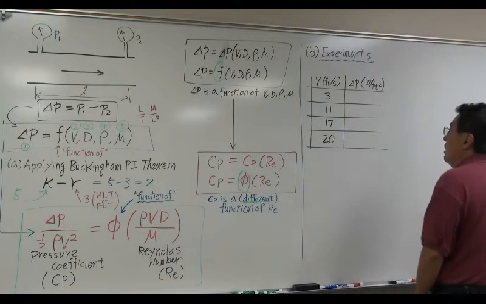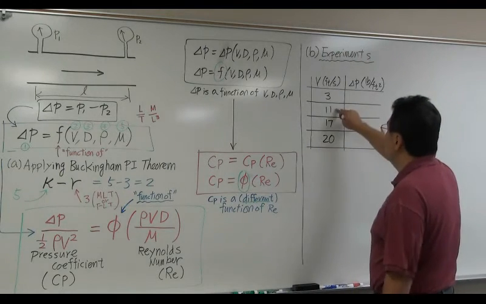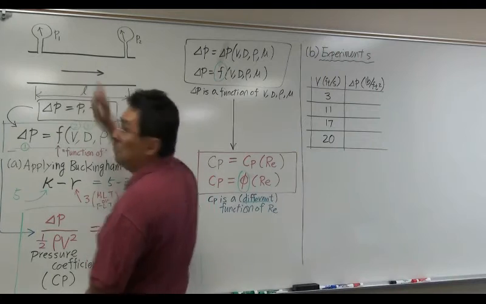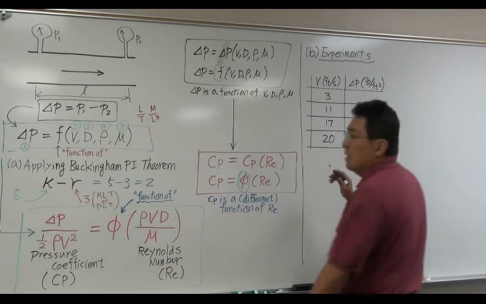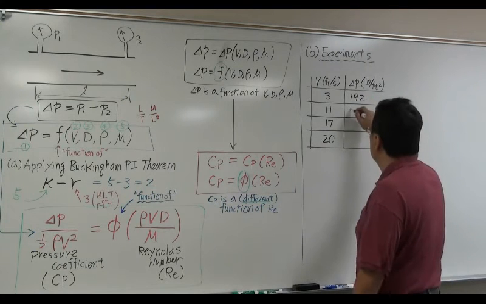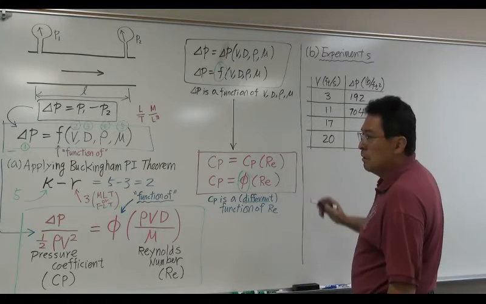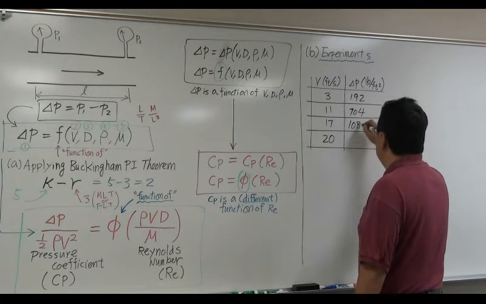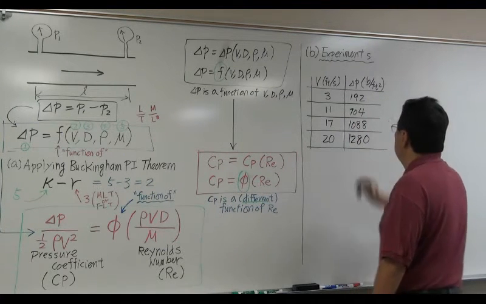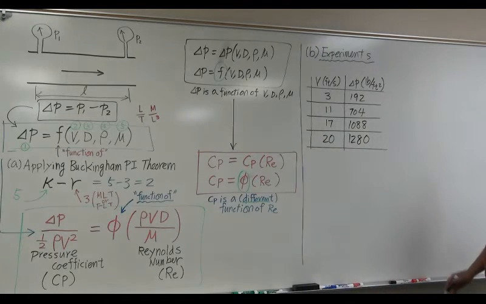Based on each different velocity, we measured the pressure drop here. So this is 192 PSF, 704 PSF, 1088, 1280 pounds per square foot. So this is just experimental results.